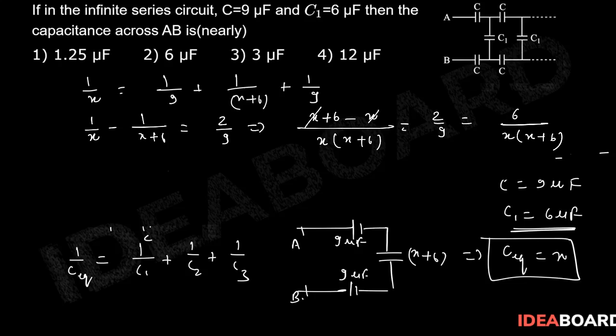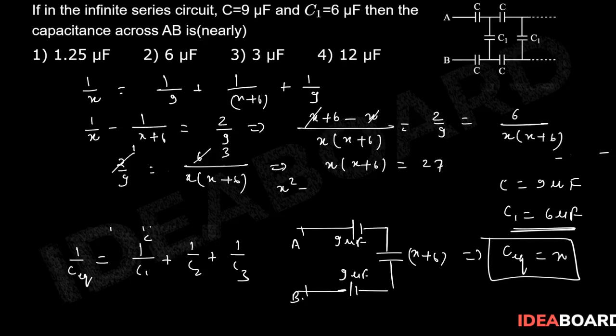So to solve this, we get 2 by 9, 6 upon X plus 6 will be equal to 1 upon 3. So now if you take it, you get X plus 6 will be equal to 27. So we are getting X square plus 6x minus 27 will be equal to 0.